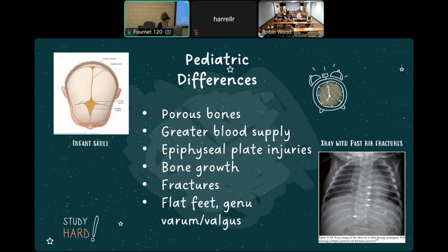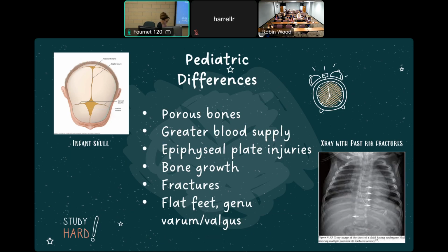But so genu varum is usually normal till about 2. And usually parents get very upset about this. They're like, oh my goodness, what is wrong with my child's legs? Well, then they start walking and bearing weight on the joints, and everything usually kind of straightens out. So usually it's a non-problem.